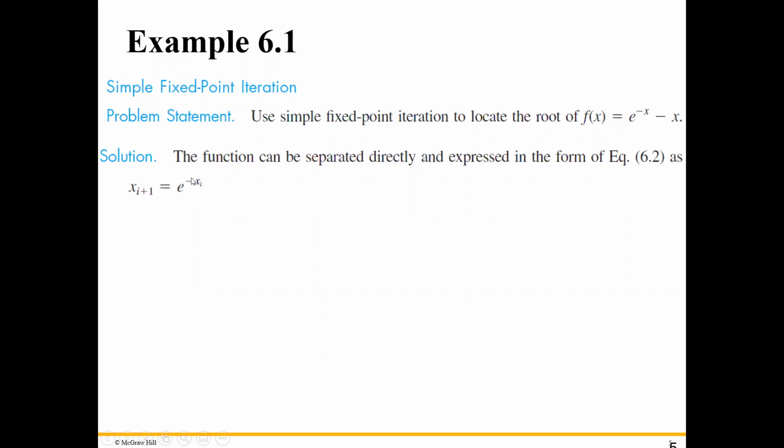That means the value of e power minus x gives the value of x, but that value of x we can use for the next iteration.